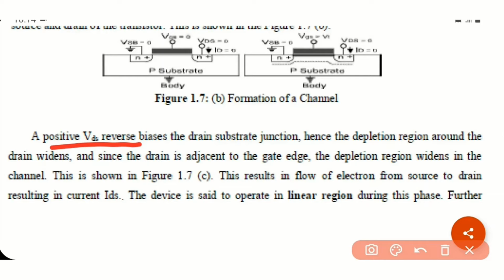This is shown in the next diagram, and this results in the flow of electrons from source to drain, resulting in the IDS current. So a channel will be formed and there will be flow of current, that is IDS, between the source and drain. So this device is said to operate in the linear region during this phase.